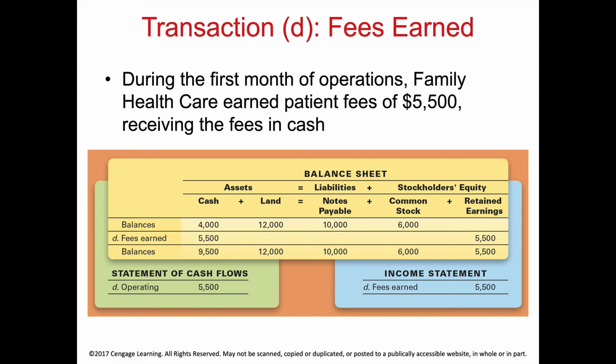That $5,500 was received due to the operations of the business. So this goes into an operating activity, and on the income statement we finally have an entry, which is fees earned or revenues. Okay, so this now becomes just a little more complicated now that we are actually in business.